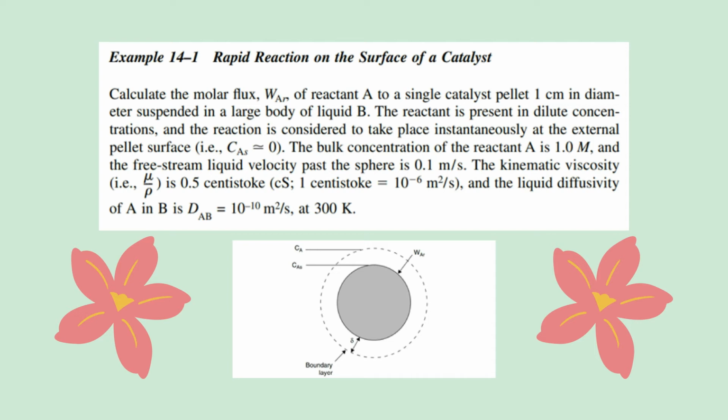The bulk concentration of reactant A is 1 molar, and the free stream liquid velocity past the sphere is 0.1 meter per second. The kinematic viscosity is 0.5 centistoke, and the liquid diffusivity of A in B is equal to 10 raised to negative 10 meters squared per second at 300 Kelvin.